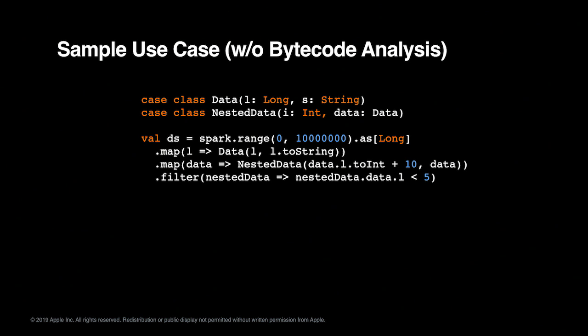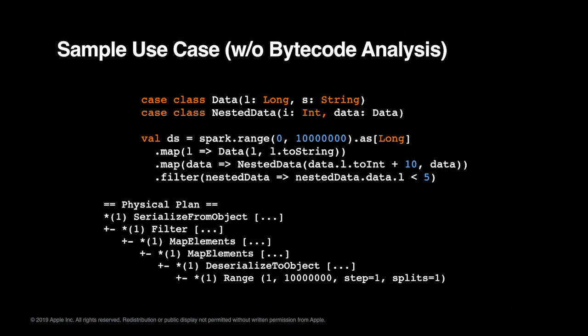Then we have the first map transformation that maps a primitive long value into a case class. The second map transformation will map those objects into nested data objects. Alongside those transformations, you access fields, you call methods, and you have mathematical operations as well. And finally, after all that is done, you have a filter on top of it, in which you access the leaf column and apply a filter.